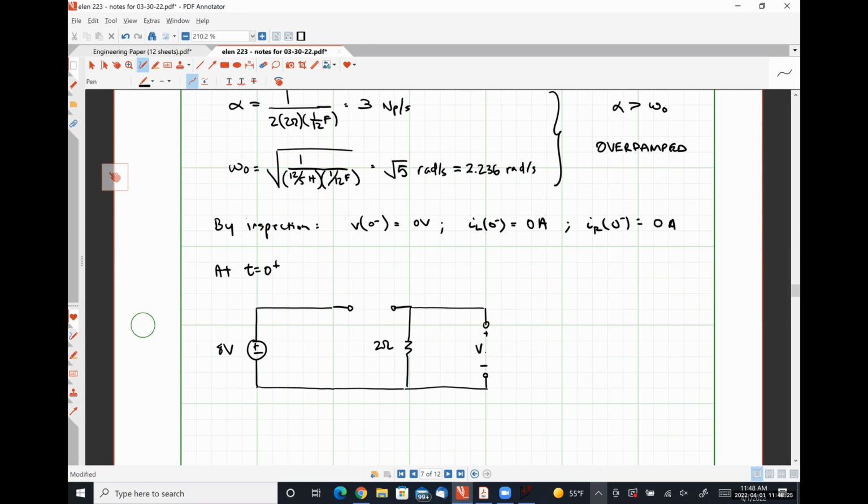Here's VC at 0 plus. Actually, that's not correct. It should be a short circuit. It's going to be 0 either way, but it should be a short circuit. Yes. All right.